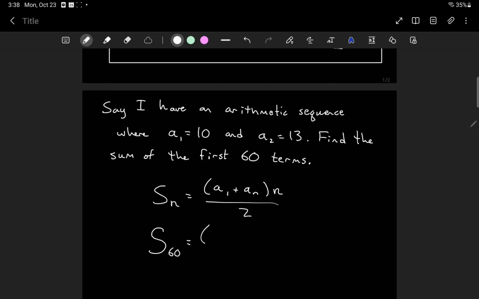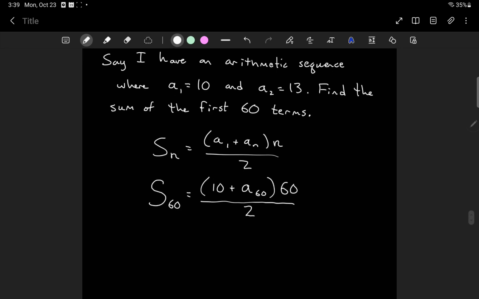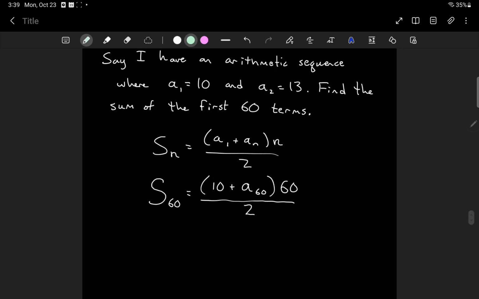A sub 1 is going to be equal to 10, right? That was given to us in the problem. And a sub n, we're not quite sure about that. That's going to be a sub 60, the 60th term. We're not quite sure about that yet. But we can figure that out, right? So let's find a sub 60.